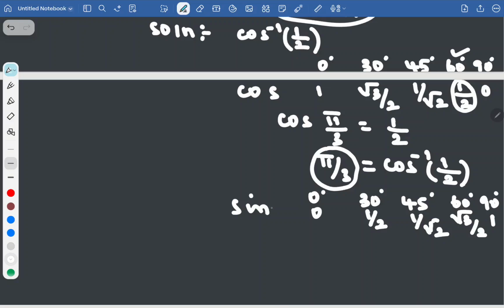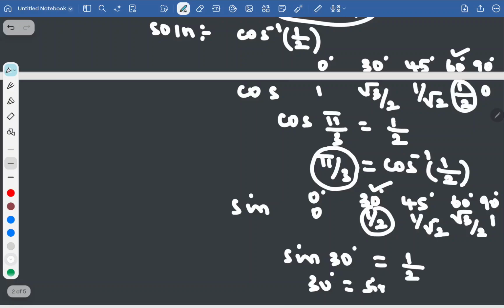See which value for sin degree is 1 by 2: sin 30. Therefore 30 degree equals sin inverse of 1 by 2. We can write 30 degree as pi by 6.